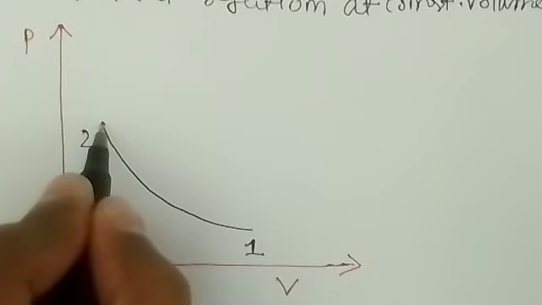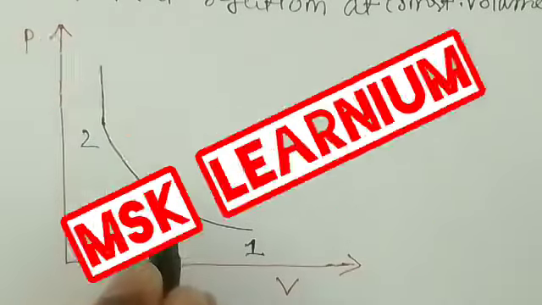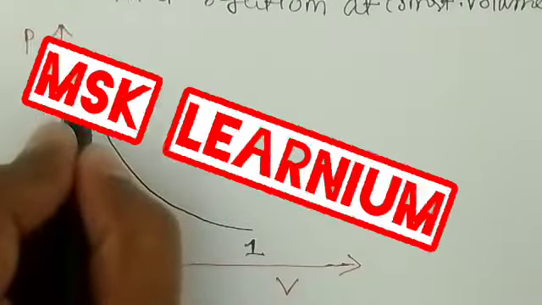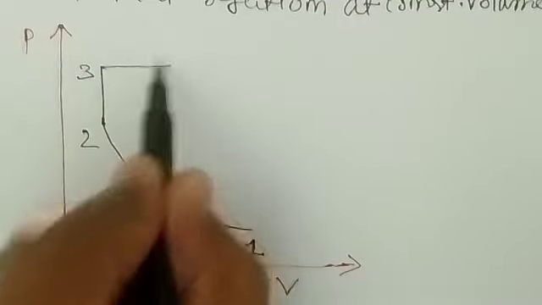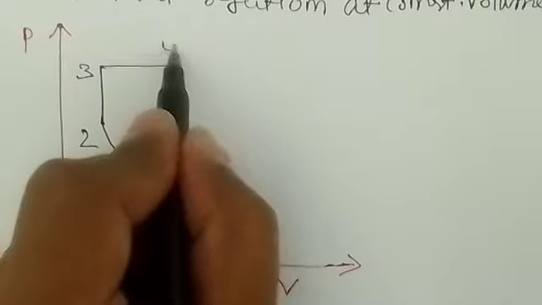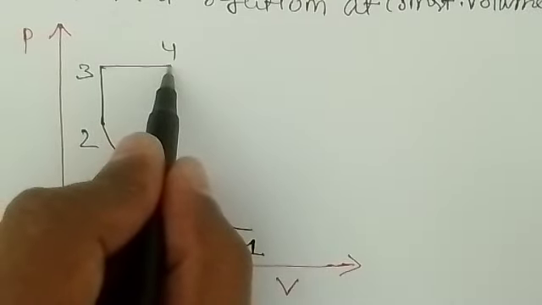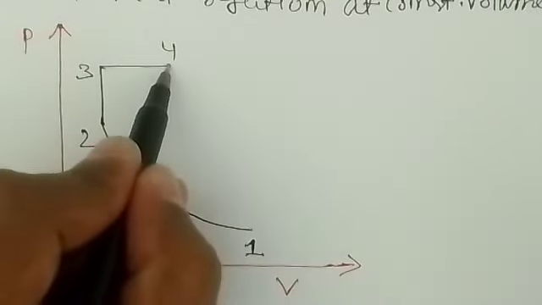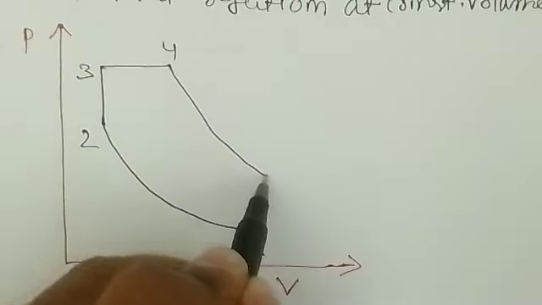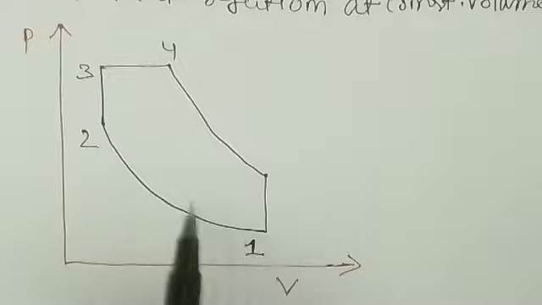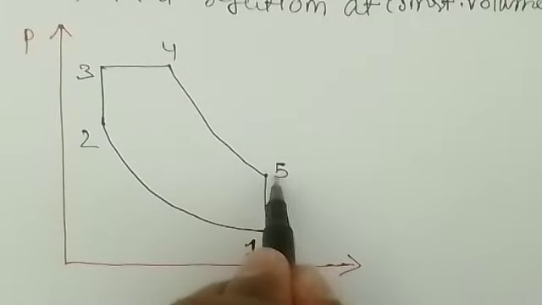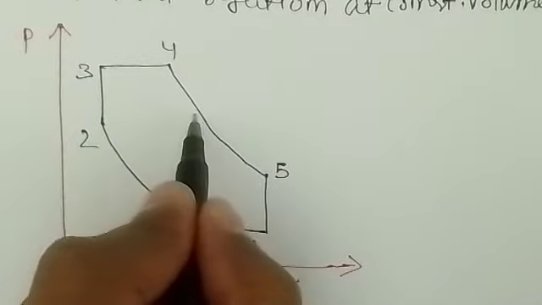Then after compression we will supply the heat at constant volume from 2 to 3. Again we will supply the heat by keeping pressure constant, which is the 3 to 4 process, right? And then we have to expand the gases, that is like this, 4 to 5, right? And then 4 to 5 is expansion and 5 to 1 is the heat rejection.